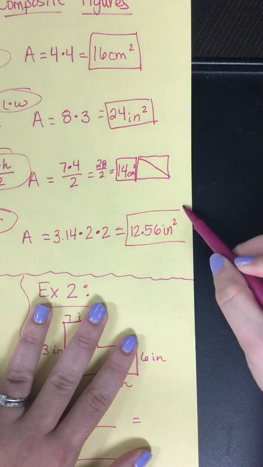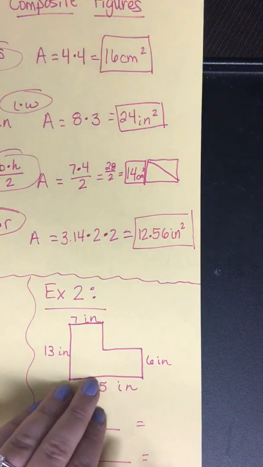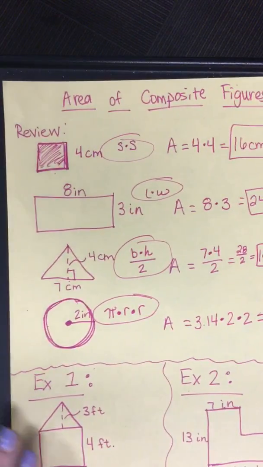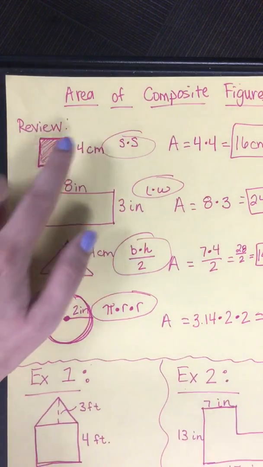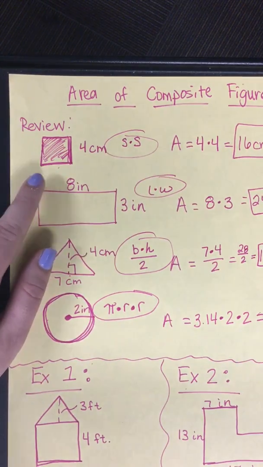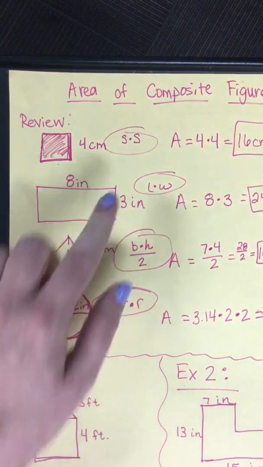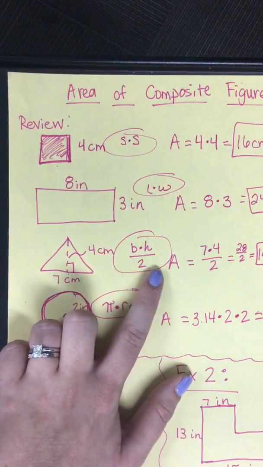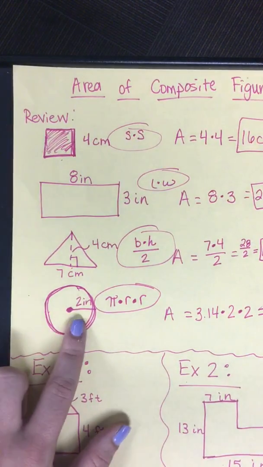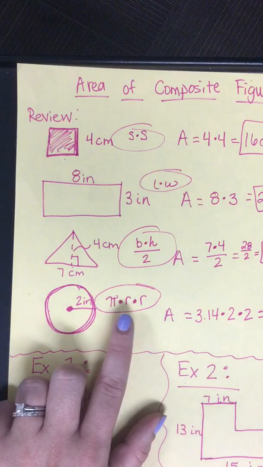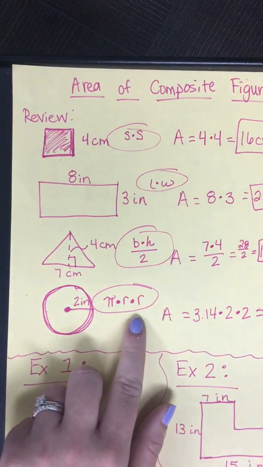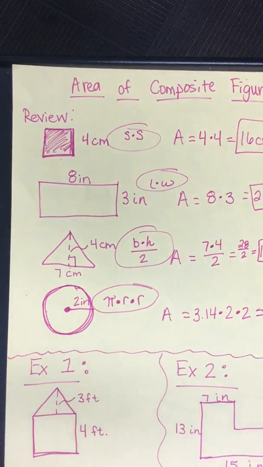It's okay, I switched it up on purpose. Okay? Alright, so square, we take side times side. Rectangle, we take length times width. Triangle, we take base times height divided by 2. Circle, we take pi, or 3.14 times radius squared, or times radius times radius.